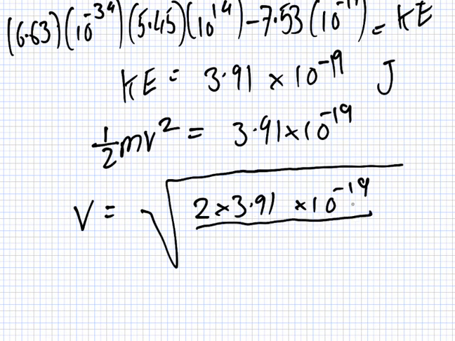Can you tell me what's the mass of an electron on your calculator? 9.1 times 10 to the minus 31. Okay, so what do we get here? Very fast. Yeah, should be pretty fast.